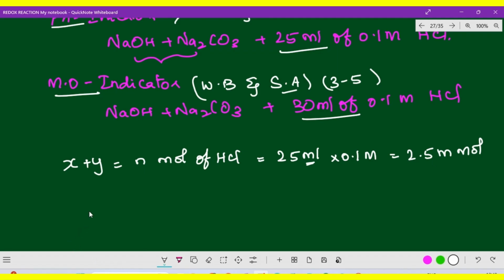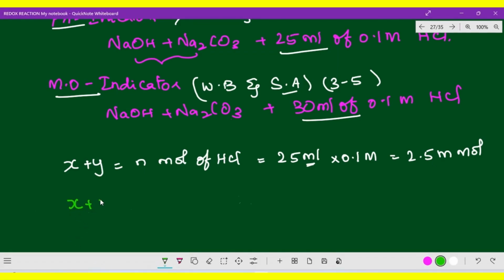And the same way here, X plus 2Y equal to n mole of HCl, which is 30 ml into 0.1 M. Right. So what is the answer you will be getting? 3.0 mmol. Right.